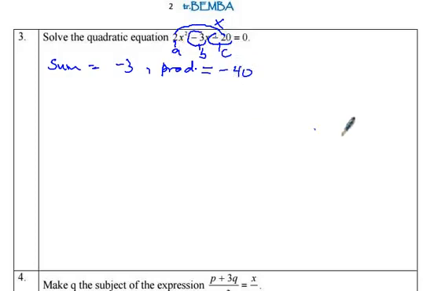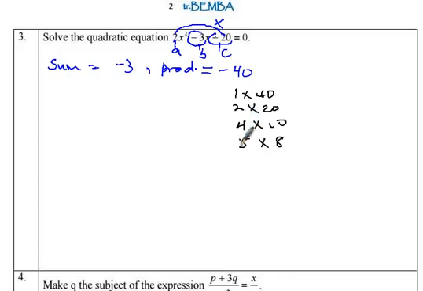Okay, so when I do that, then the next thing to do is to get factors of 40. Okay, I can just write them down here. 1 times 40, 2 times 20. Do I have 3? No. 4 times 10, 5 times 8. Anything else?